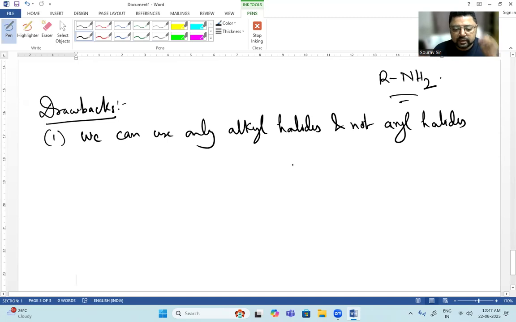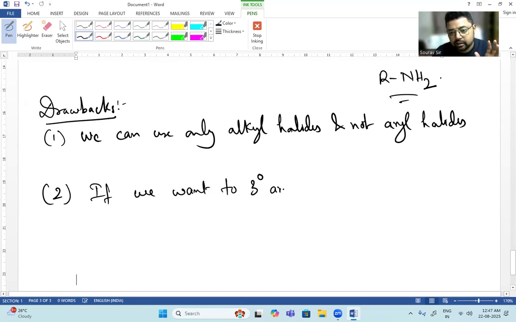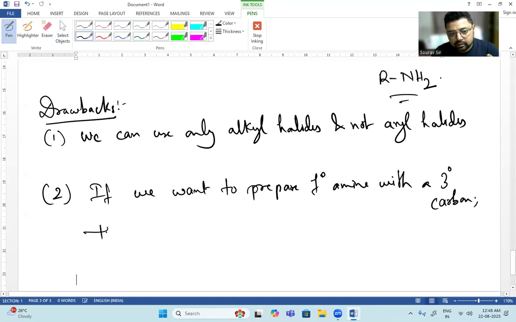The next thing is that it can be used for the preparation of 1 degree amines, but if we want to prepare a 1 degree amine with a 3 degree carbon, like tertiary butyl, then an elimination reaction will take place.